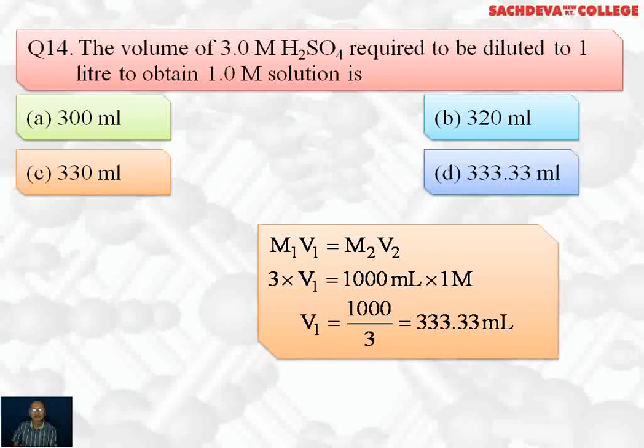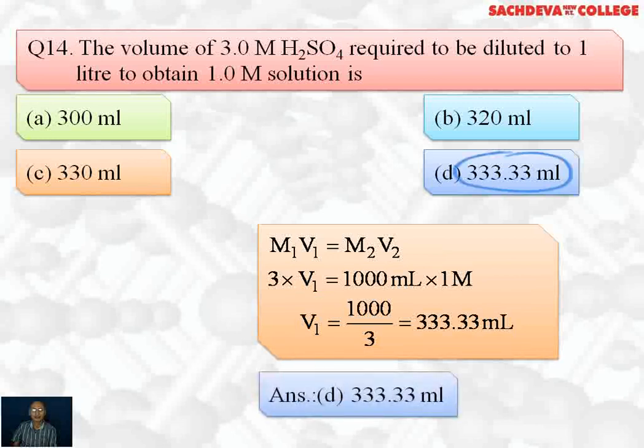Molarity of the given sulfuric acid in the beginning is 3 molar and its volume we want to calculate. Final is 1 liter. 1 liter is equal to 1000 ml and its molarity required is 1. So V1 will come out to be 1000 by 3, that is 333.33 ml. So answer is D part, 333.33 ml.